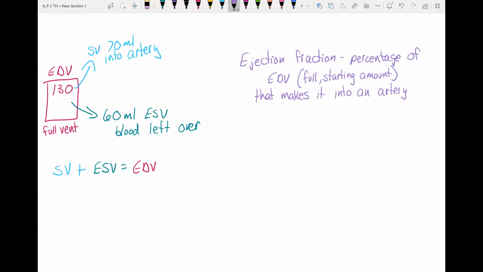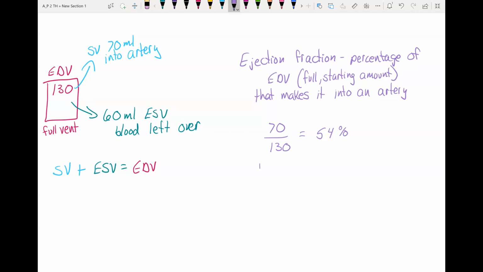So if we do this for the heart, the ejection fraction is going to be that 70 over 130. You started off with 130, you got 70 into the artery. That comes out to about 54%. A little over half. And the ejection fraction, it varies a lot.